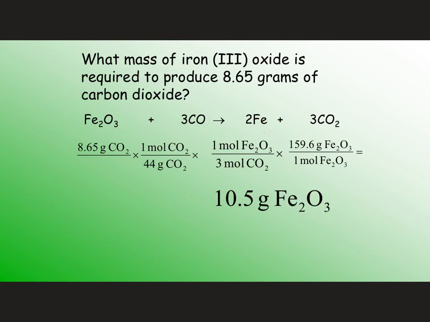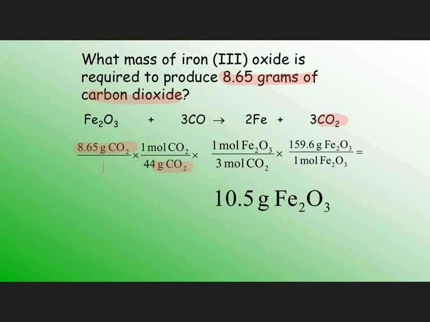So starting at the beginning, the only number it gave us was the 8.65 grams of carbon dioxide. Notice this one does say dioxide, so we're dealing with the product this time. So we're starting off with that 8.65 grams of CO2, which of course you can put over 1 if you want. Whatever we start with, we will automatically put those units in the bottom, grams of carbon dioxide.